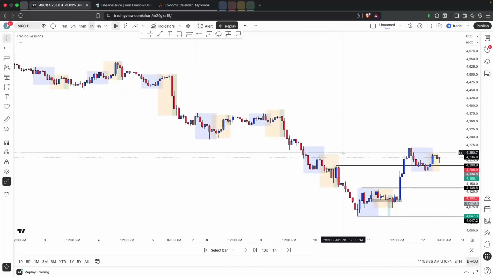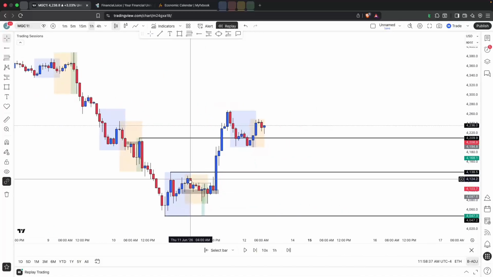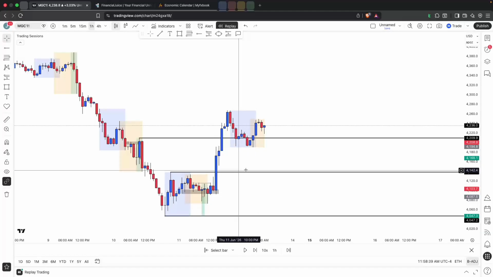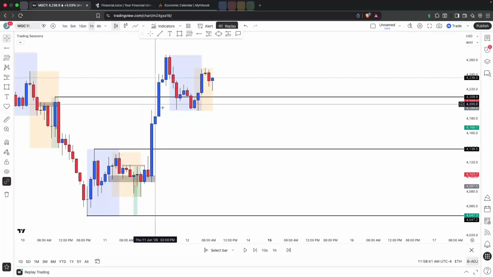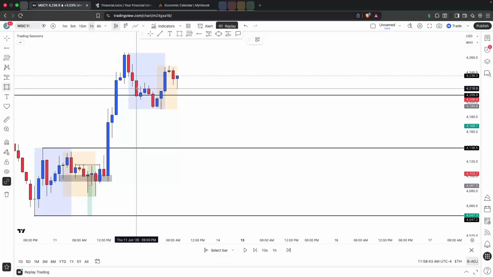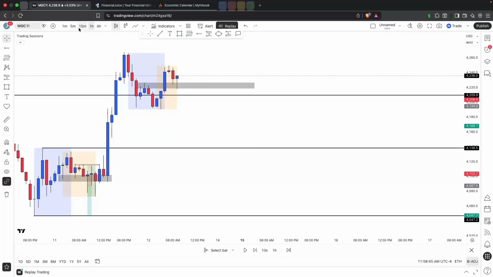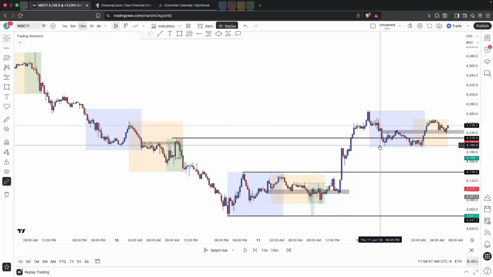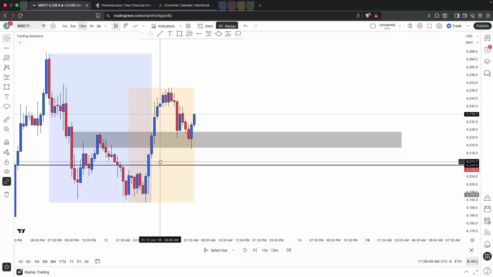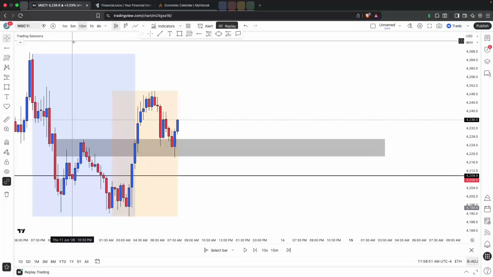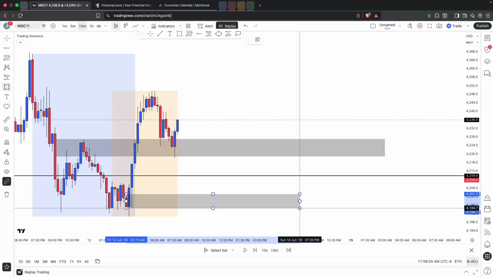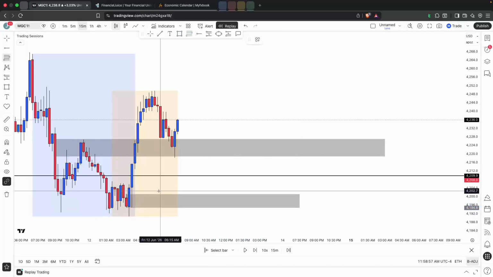So what do we see? We see price push up strongly. A lot of upward momentum, and we see price reject off of this area down here. I have this area of demand down here as well, and this Fibonacci.